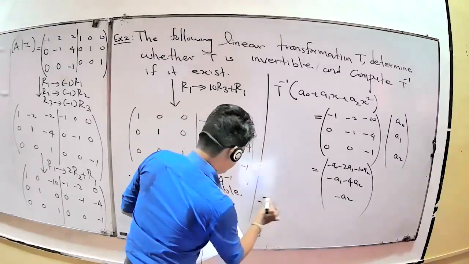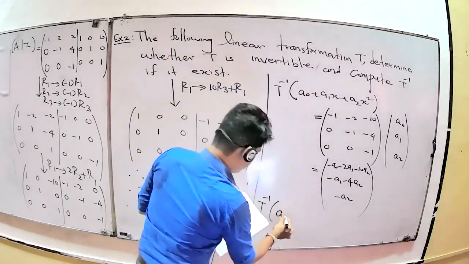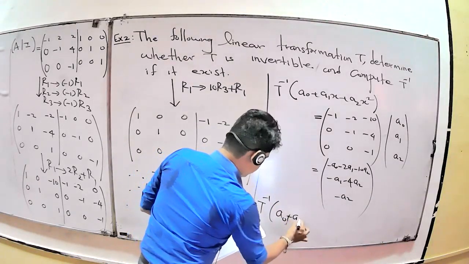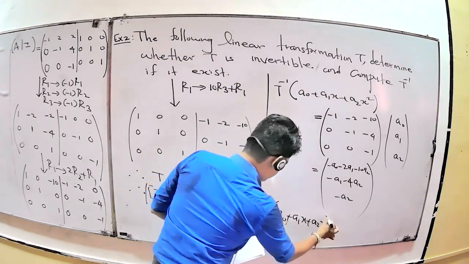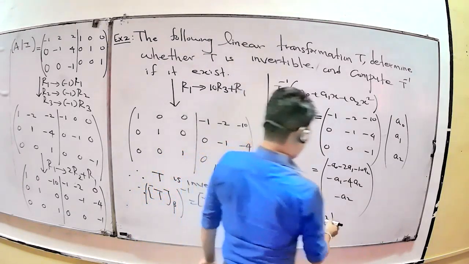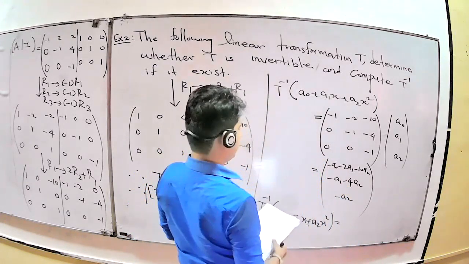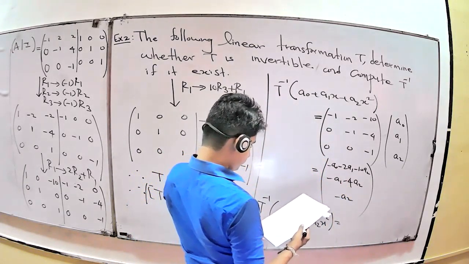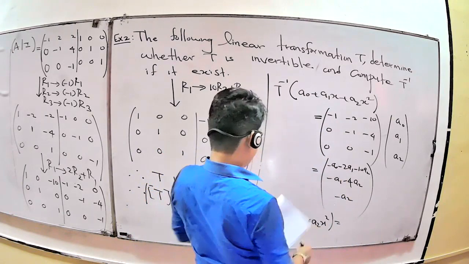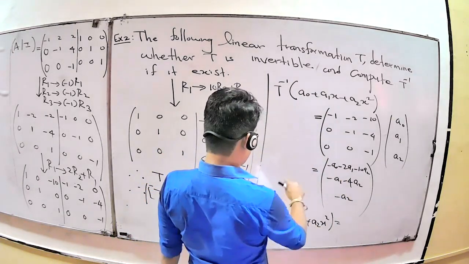You can write T inverse of a0 plus a1x plus a2x squared. T inverse is also from P2 to real number.